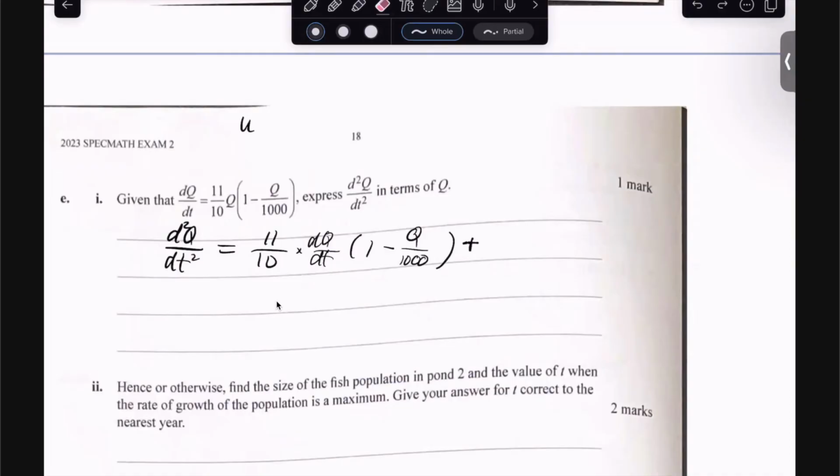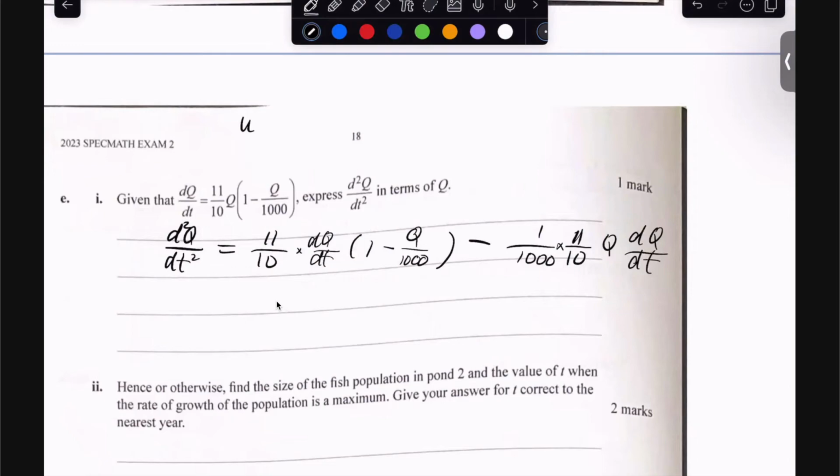So 11 on 10 Q times negative 1 on 1000. So negative 1 on 1000 times that, and then don't forget dQ on dt.